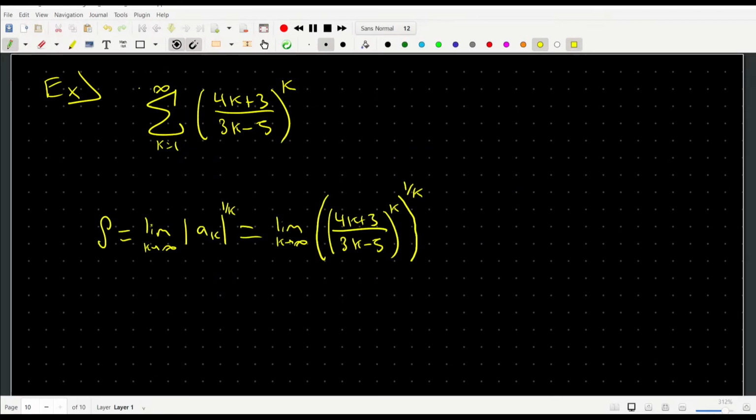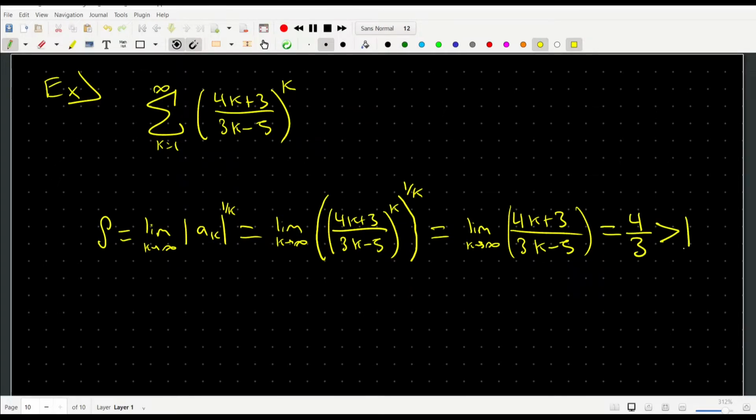So if we go through and evaluate this limit, this becomes the limit as k goes to infinity of the kth root of this to the power k, which will just be (4k plus 3) over (3k minus 5), which after one application of L'Hopital's rule will give us a value of 4/3, which is strictly greater than 1.